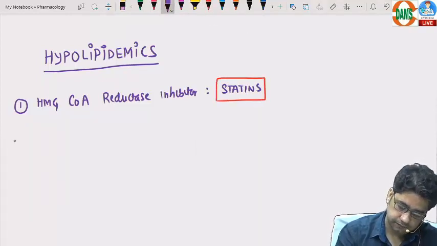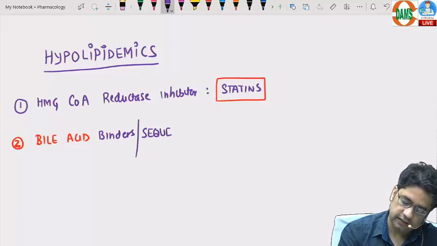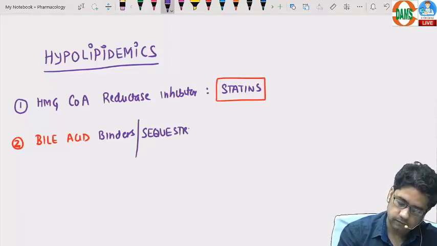Second, bile acid binders, also known as sequestrants. Bile acid sequestrant, what is that? I will tell you. These drugs are known as resins.